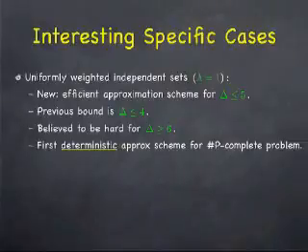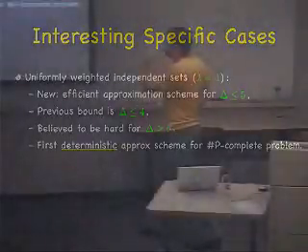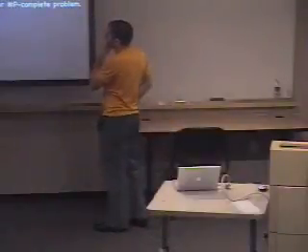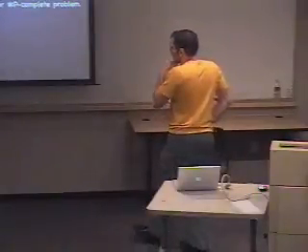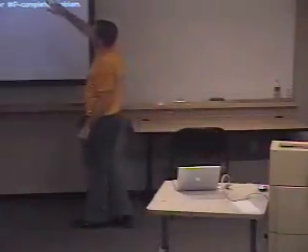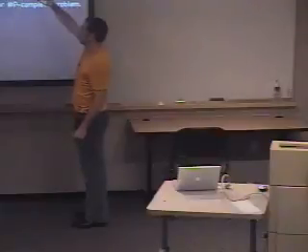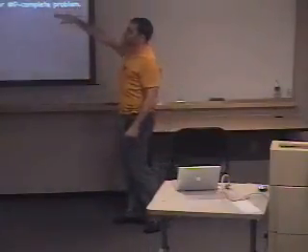Before I go on to the proofs, I just want to mention a couple of specific interesting cases that we get from this result. The first is the case of lambda equals 1, which is just the normal counting of independent sets. We now get efficient approximate counting for graphs of maximum degree 5, where the previous bound was 4.